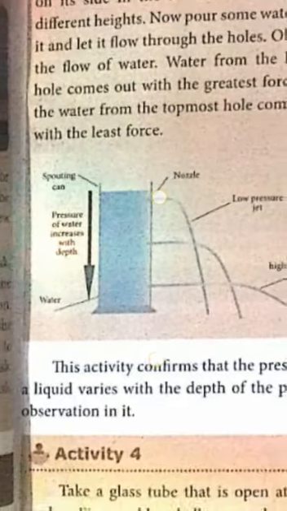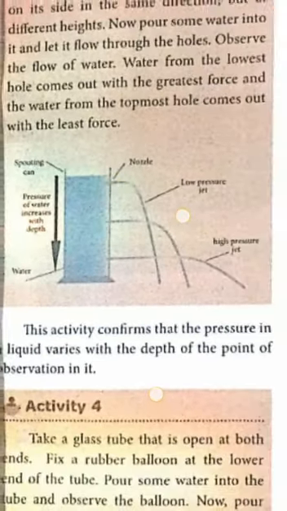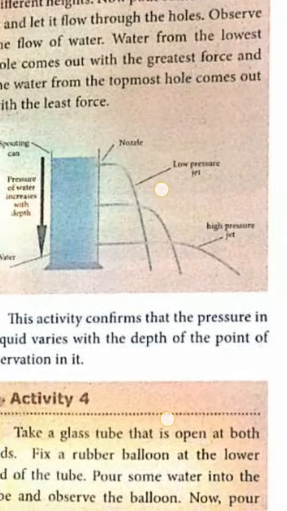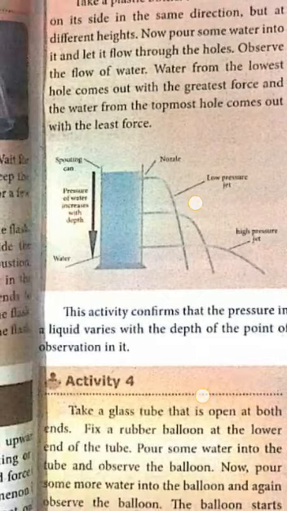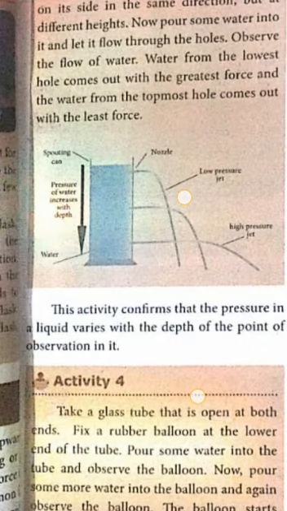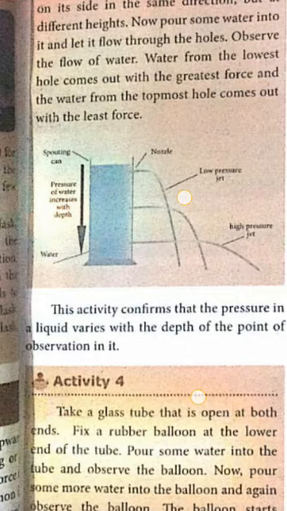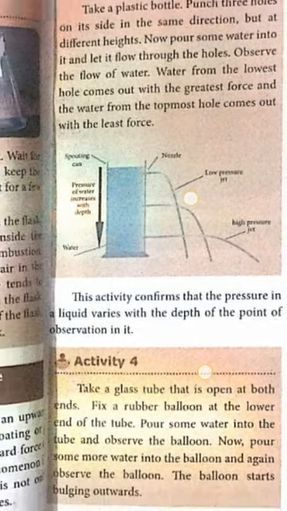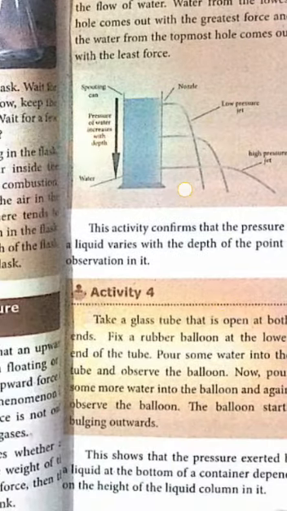From this activity we confirm that the pressure in a liquid varies with the depth of the point of observation. Simply we can tell that pressure increases when depth increases. Then we have to see another activity.